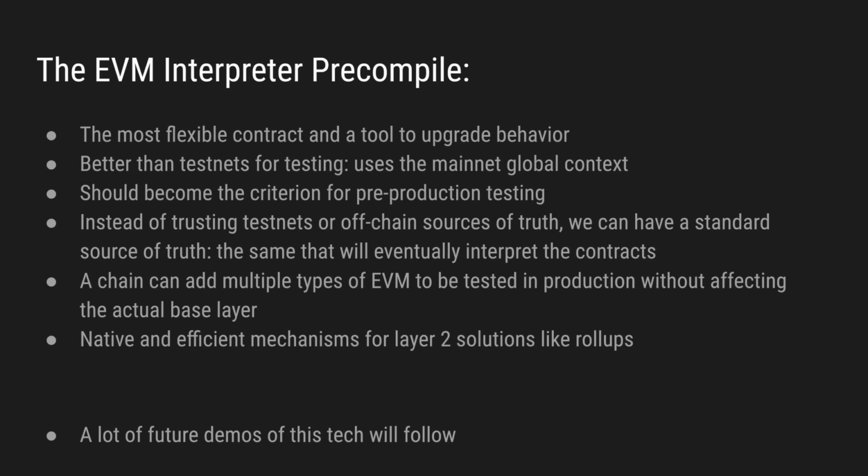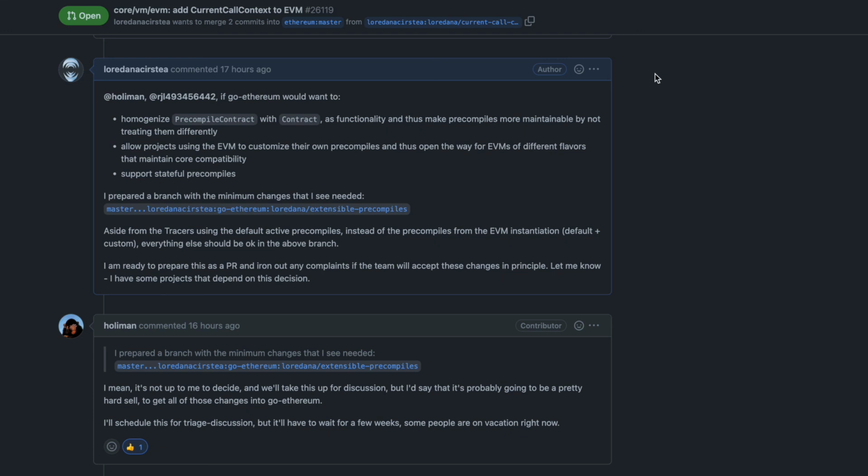And just by having this EVM interpreter inside the EVM as a precompile, you can have native and efficient mechanisms for layer 2 solutions like rollups. And this can be made possible by opening up the EVM precompiles to have the same rights and information context as normal smart contracts.